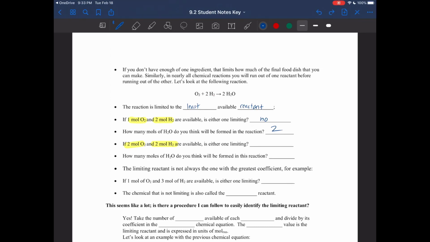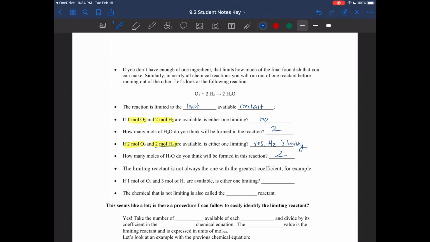So if H2 is being used up twice as fast, then yes, I think H2 is limiting here. So how many moles of H2O do you think will be formed if you just have that limiting reactant? So we're going to look at H2. If we have 2 moles of H2, how much H2O is formed? Well, it looks like it's 2 to 2, so we'll just say 2 again.